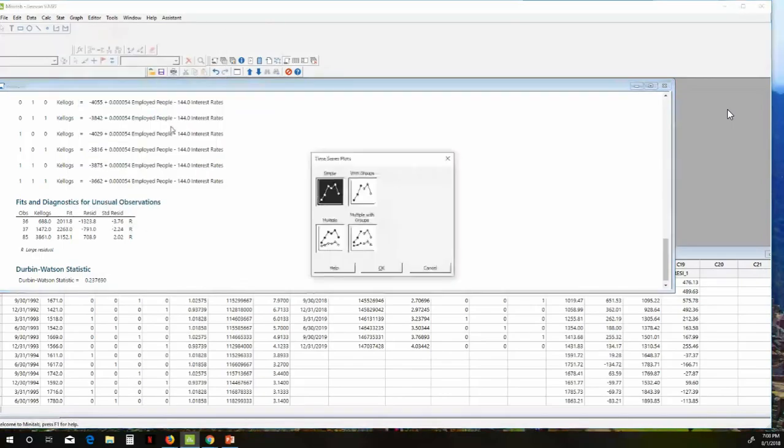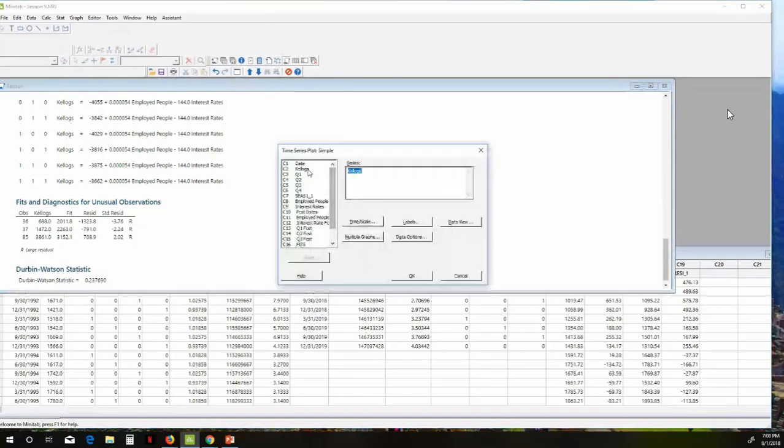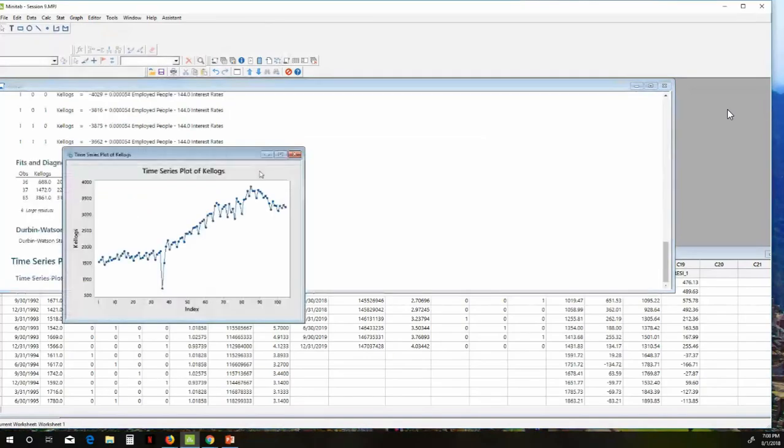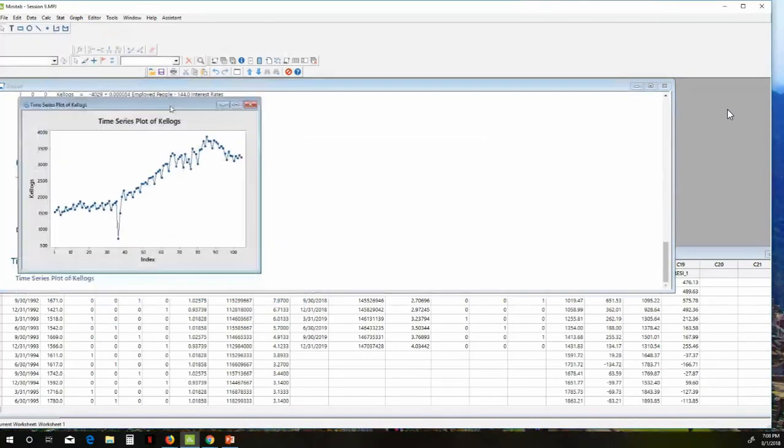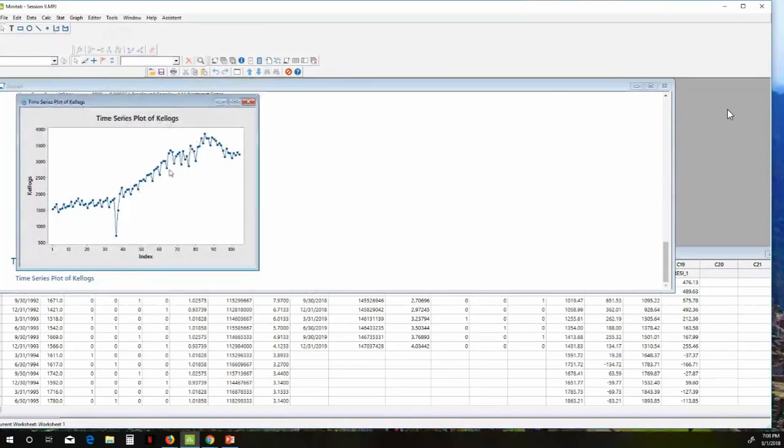Let's see if we can bolster it a little bit by including some sort of information. Let's look at a time series plot of the Kellogg's revenue data and see if we see any specific things we want to try to pick up in this model. Well, we have a couple things. We have a data drop here, and then an increase, at an increasing rate, and then all of a sudden it starts dropping down again.